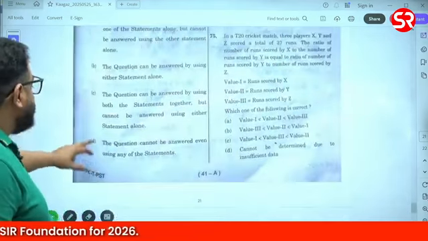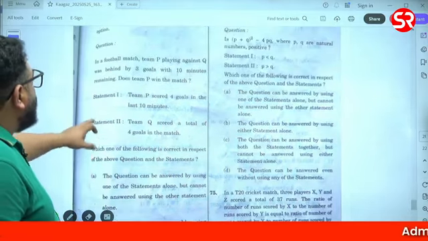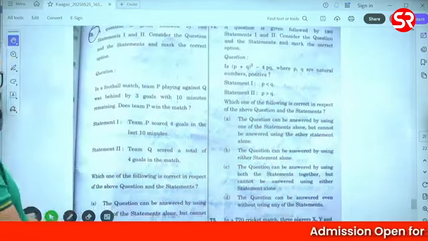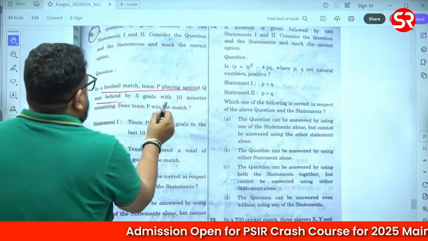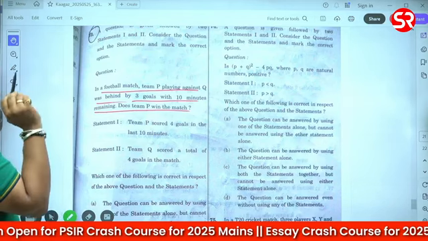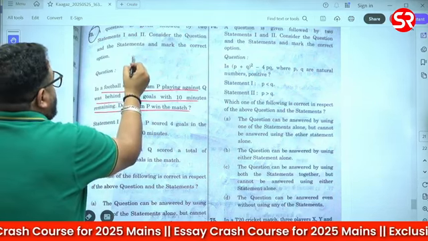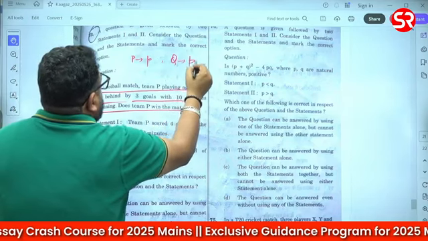Question 73. It says, in a football match, team P plays against Q and was behind 3 goals with 10 minutes to go. Behind 3 goals, right? So P has scored p goals, so Q has scored p plus 3 goals.